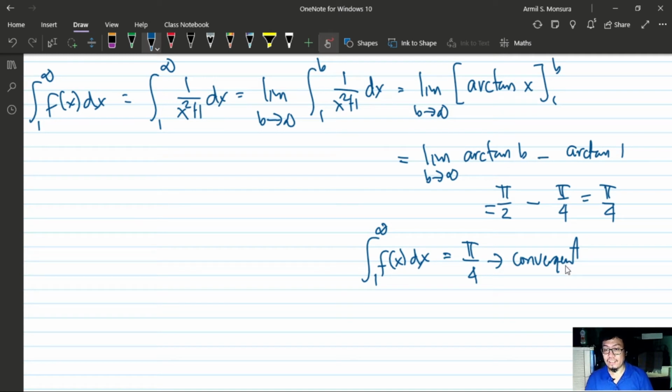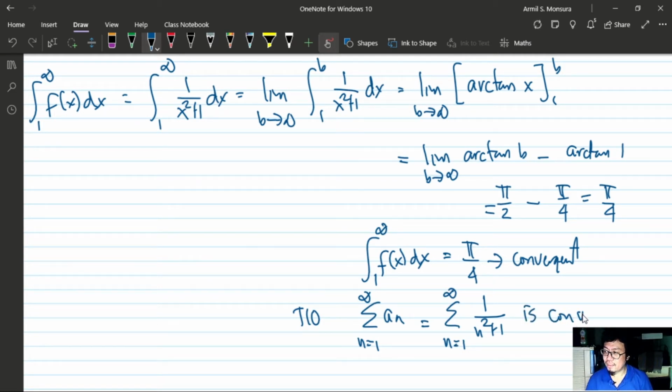Therefore, by Theorem 10, the sum of a sub n for n equals 1 up to infinity, which is your summation of 1 over n squared plus 1, is also convergent. Both of these should converge according to Theorem 10. If this converges, then your series would converge.